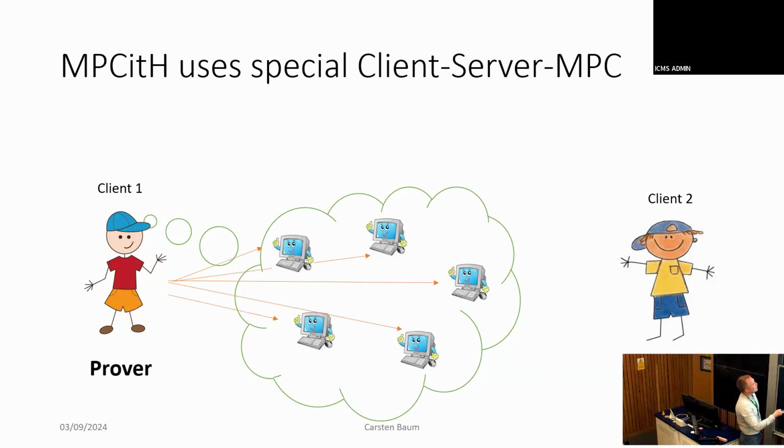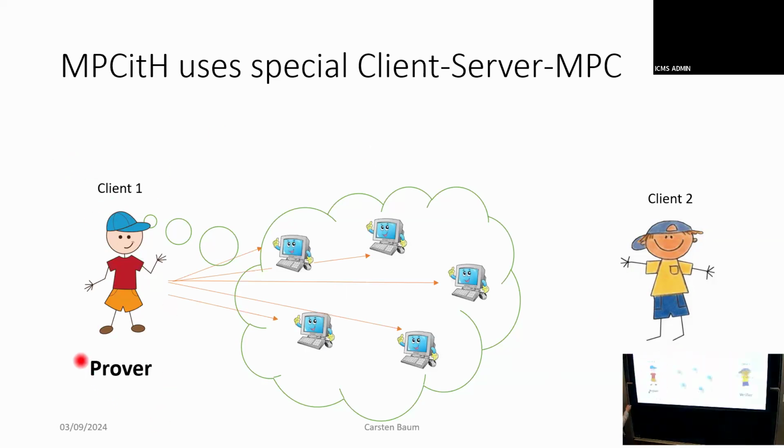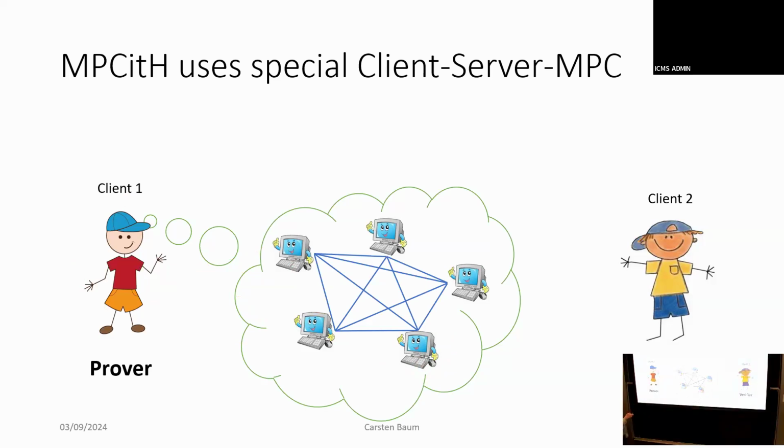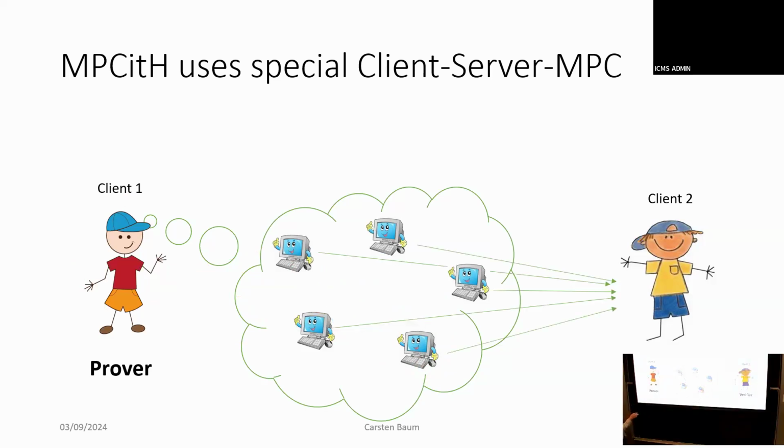And initially, this client called the prover is just going to secret share its input, the witness, to all of the parties doing the computation. Then the parties do the computation. And afterwards, they open the output to the verifier, this other party. So it's some kind of client server MPC. That's how we can abstract this as well. Mad PowerPoint skills.